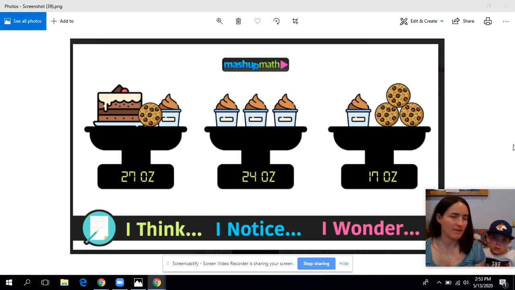What do you notice about this picture? I noticed that 27 ounces plus 17 ounces equals 44 ounces. Okay, so if you added some of the scales together, that's true. You would have 44 ounces.